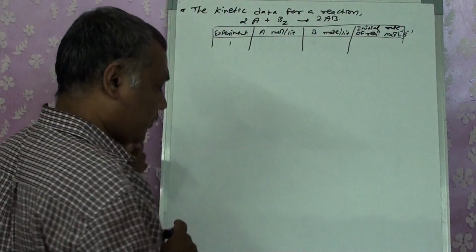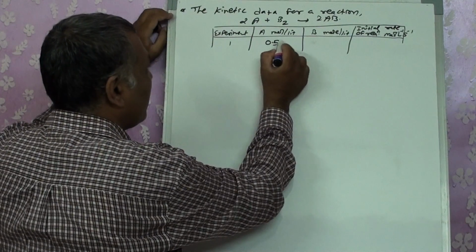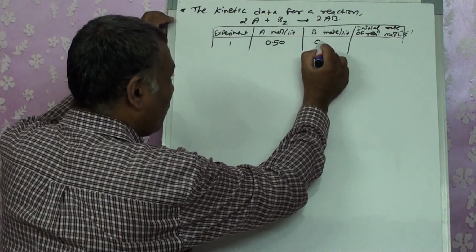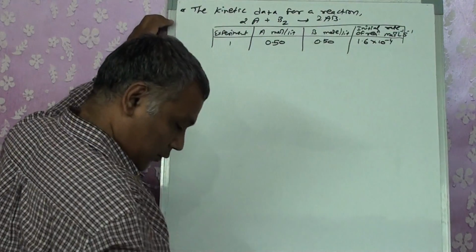For the first experiment, the concentration of A is taken as 0.50, B is also taken as 0.50, and the rate is 1.6 into 10 raised to minus 4.